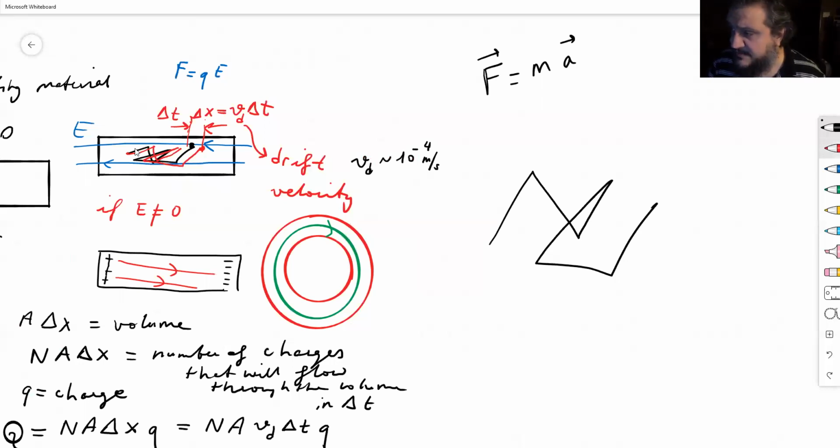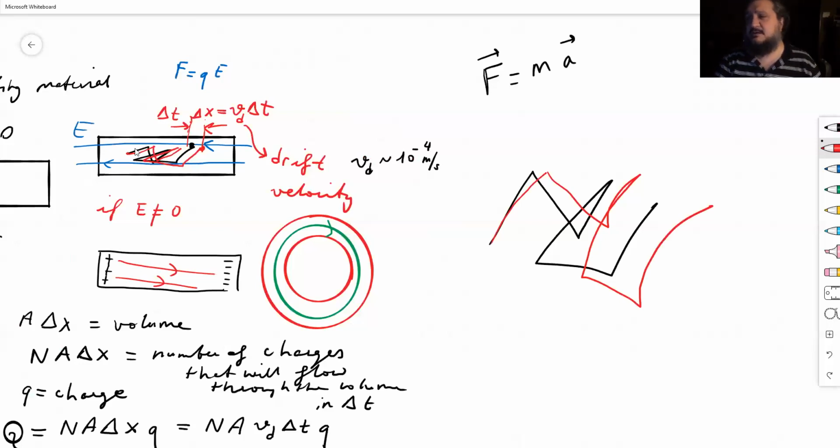So when they do that, this is what I showed with red before. It's actually more like a curve, and that's because of this accelerated motion here.